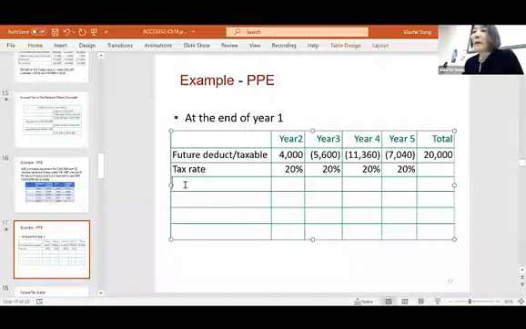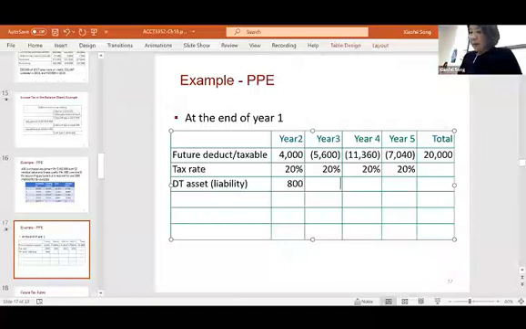So I have deferred tax asset or liability. Make sure we keep in mind that these have different signs, depending on whether the temporary difference increases or decreases. So that will be 800, and this year will be 1,000.